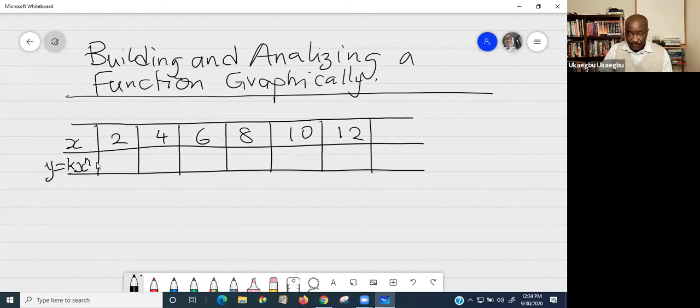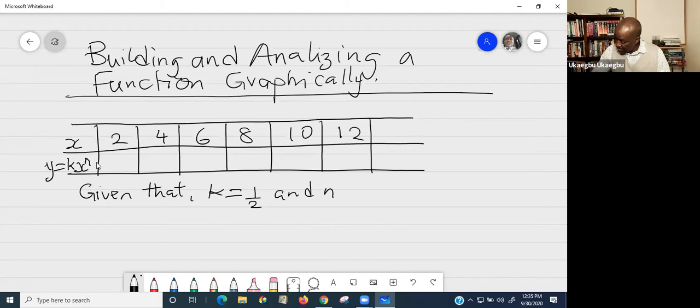And then the goal is to complete the table. You see, k is a constant and n is a number. Given that k, which is the constant of proportionality, is equal to, let's just say, 1/2, and n equal to 2.